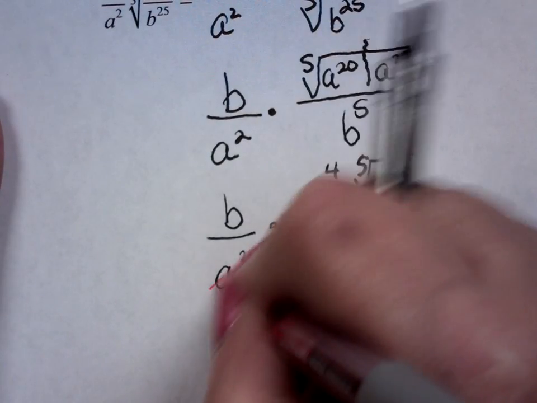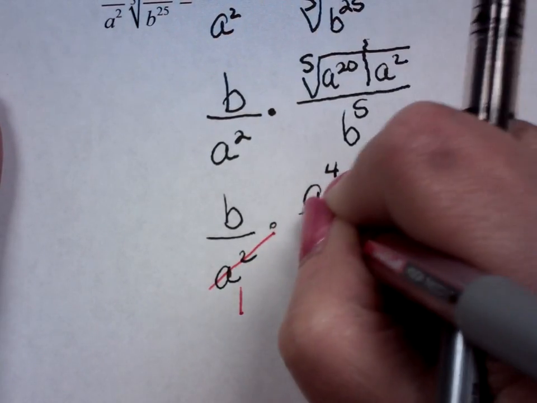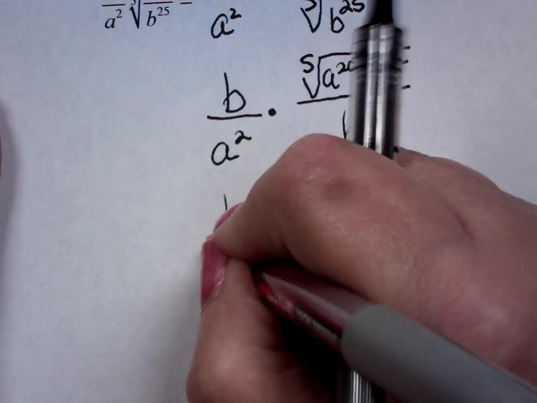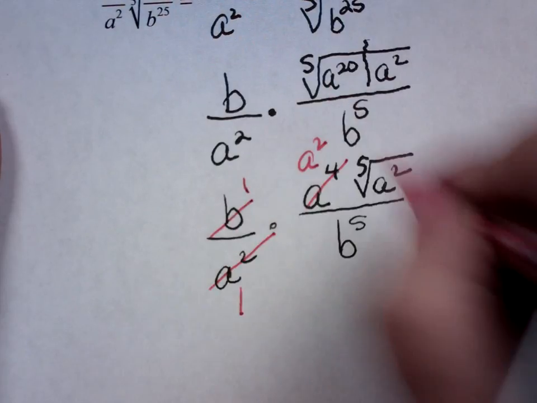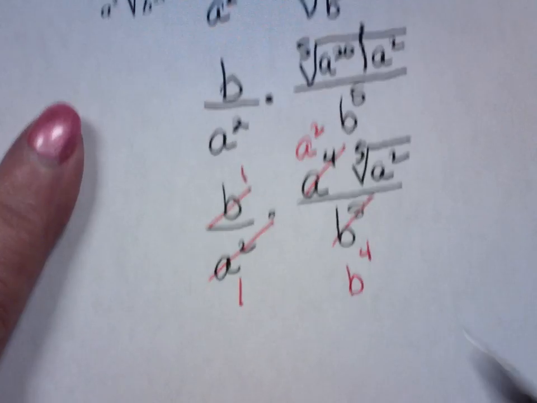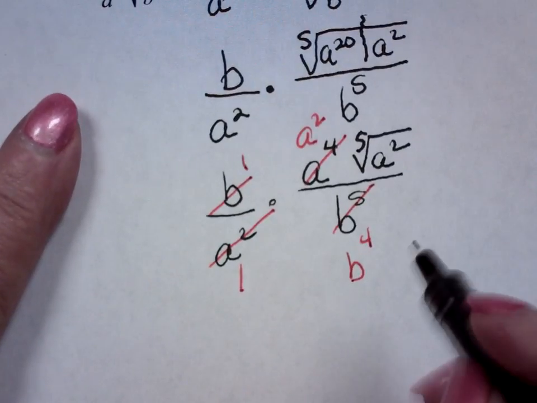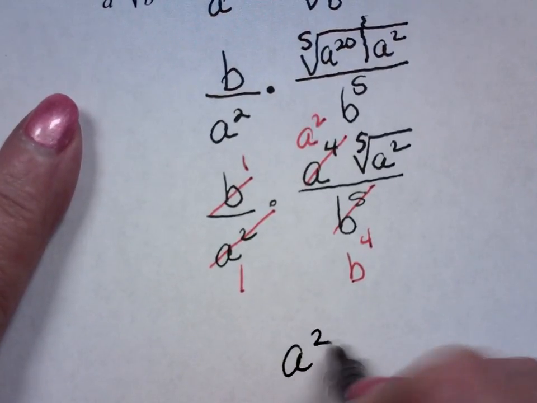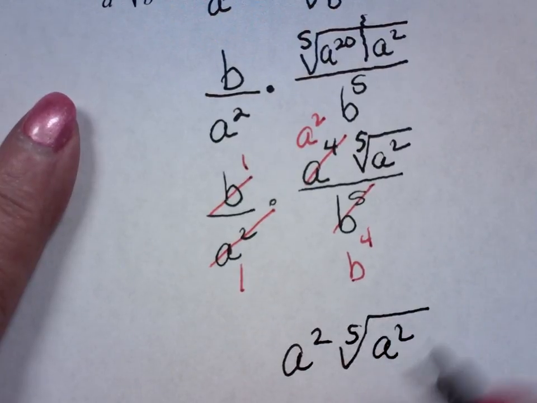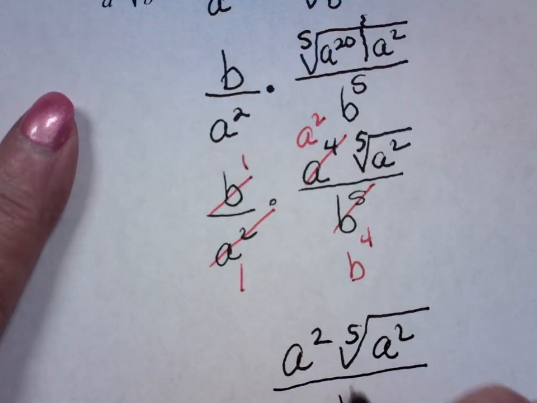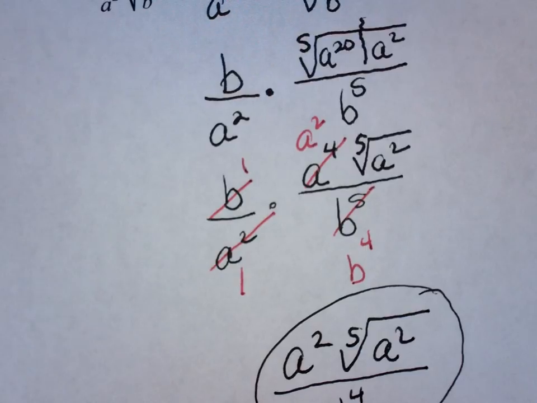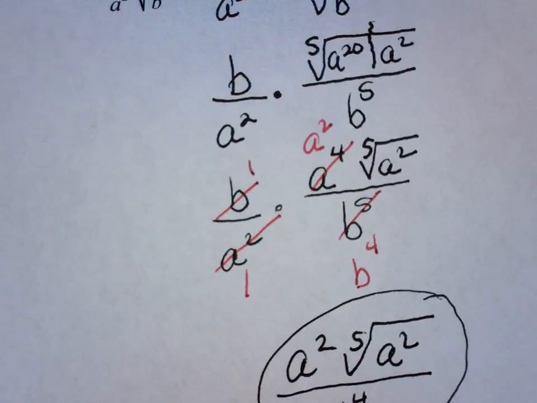A squared divides a squared once, a to the 4th, a squared times. B divides b once, b to the 5th, b to the 4th times. So my final answer is going to be a squared, fifth root of a squared, all over b to the 4th. So notice how careful I worked that problem. Slowly and carefully. Okay.